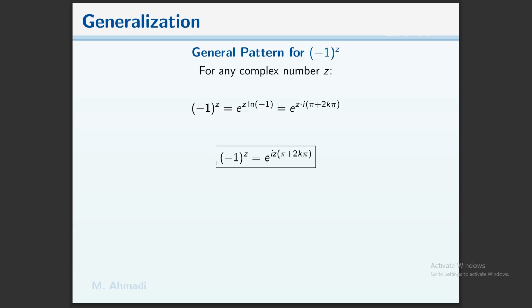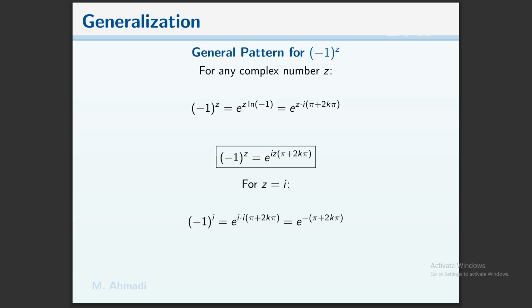Also, there are some generalizations of (-1)^i. The general pattern for (-1)^i is (-1)^z for any complex number z. (-1)^z equals e^(z ln(-1)), which equals e^(z · i(π + 2kπ)). So (-1)^z equals e^(iz(π + 2kπ)).